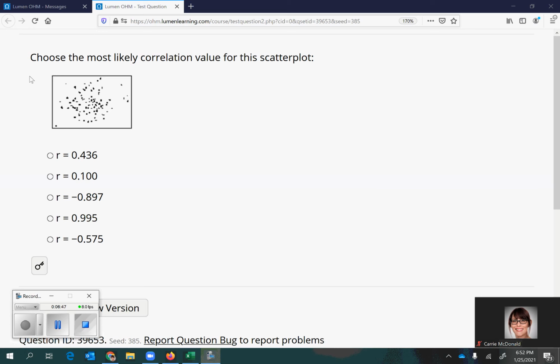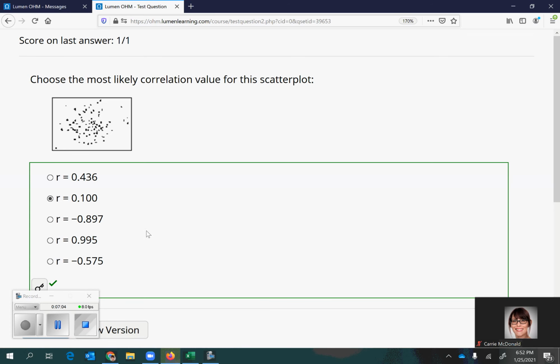And if you have a perfect or close to perfectly looking straight line going downhill, that would have a -1 correlation. So we don't see any correlation really as far as a line pattern is concerned. That's why I'm going to choose the one that's closest to 0. And that's it. You don't have to do any calculating. You're just visually understanding what the correlation coefficient must be for that. All right, so we're going on to another.